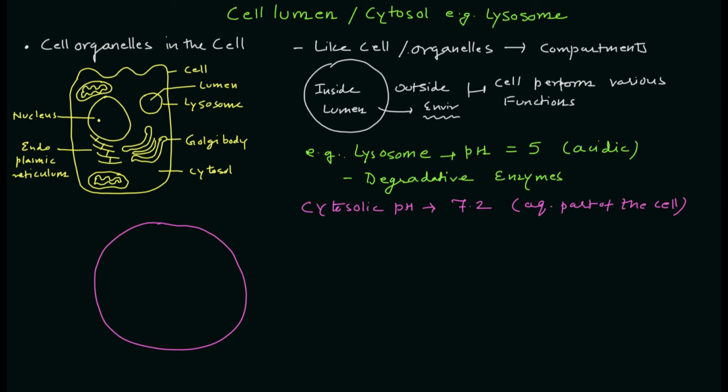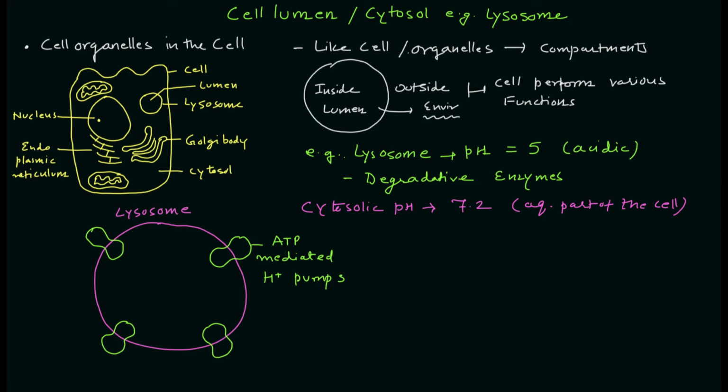Now, how does the lysosome acquire the low pH? The mechanism behind this is the lysosome membrane. In the lysosome membrane, you have different types of proteins. They're called ATP-mediated proton pumps, or hydrogen ion pumps.